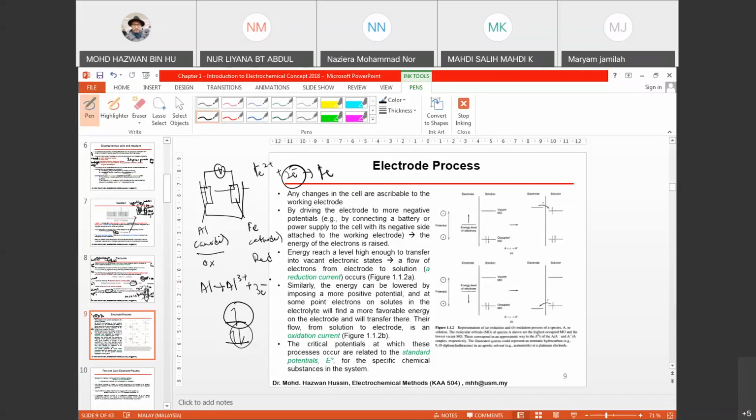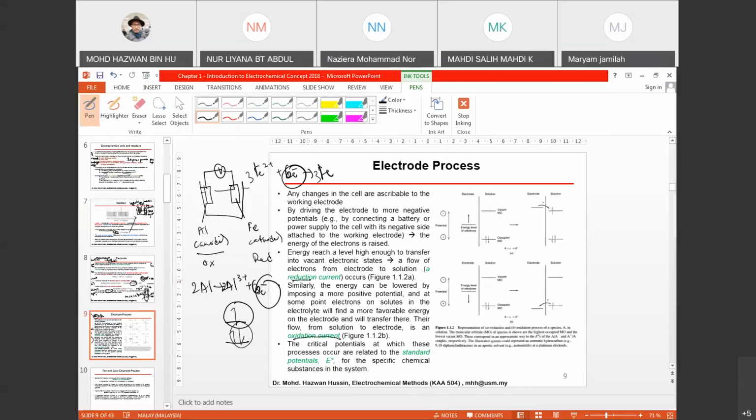But over here you will see that it is not balanced. So later you will manage the stoichiometry, multiplying by a factor of 3 and a factor of 2, for example. If you multiply by a factor of 2, you have 2, 6, then 3, 6, 3. Then the electrons are balanced at the end. Then the process is known as oxidation current.